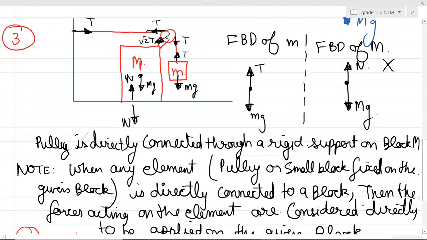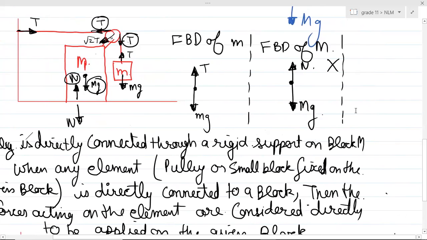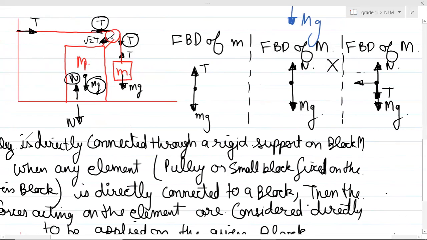So this FBD which you have drawn, where you have just considered this N and this Mg, is wrong. You need to consider these two tensions as well, because these two tensions are acting on the pulley which is directly connected to capital M. Okay, so basically if you draw the correct free body diagram, the correct FBD would look like one tension also coming down and one tension going towards the left.